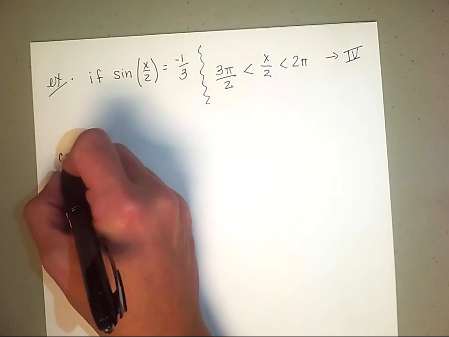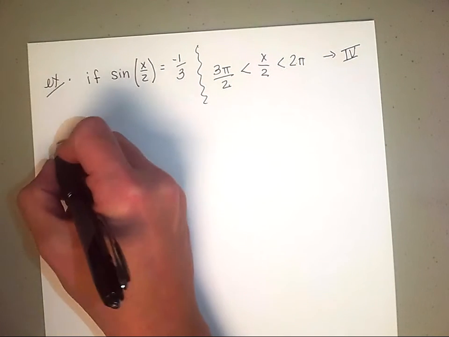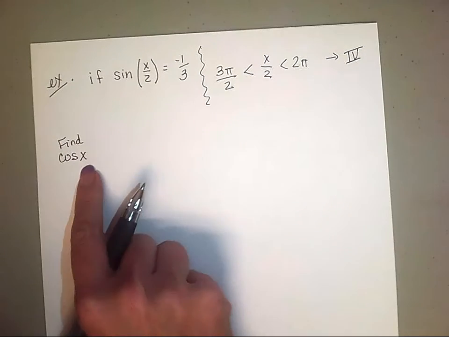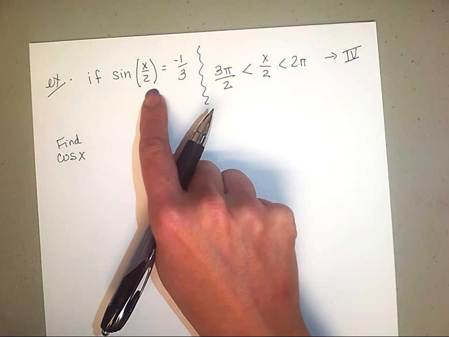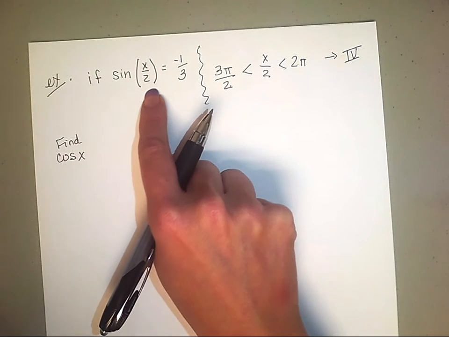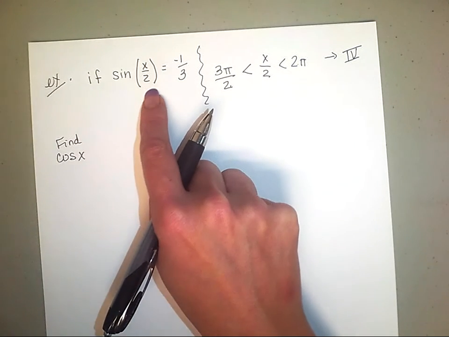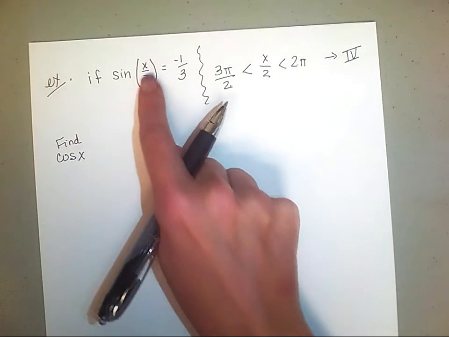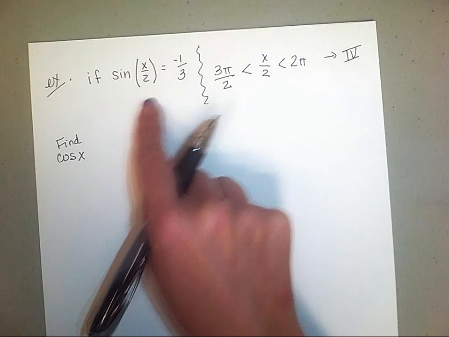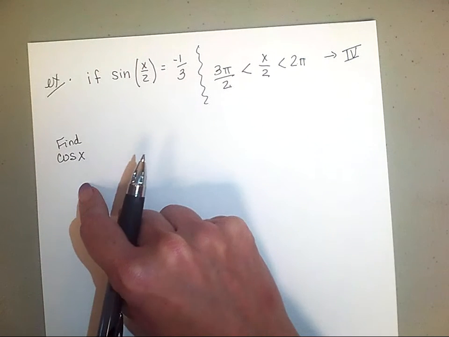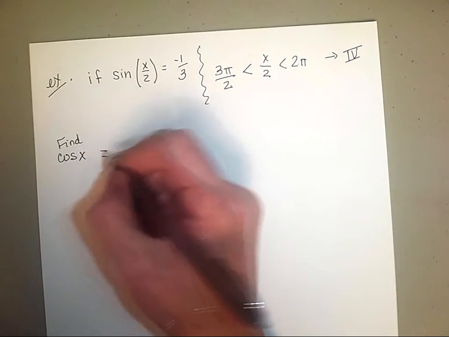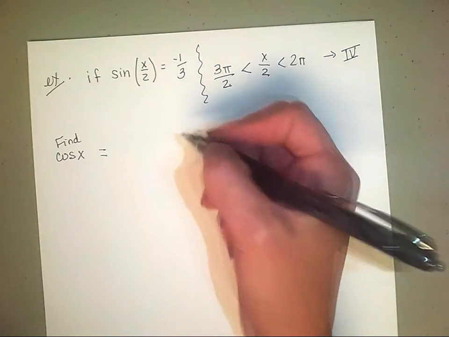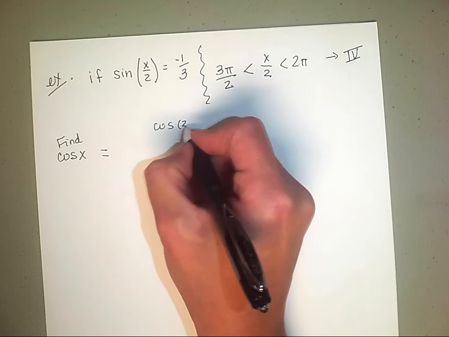Now, let's just find then what the cosine of x is equal to. So the cosine of x is twice as much as the half angle. So how are we going to do this? The one we are looking for is twice as much as what is given. So let's use the cosine of 2x in this case.